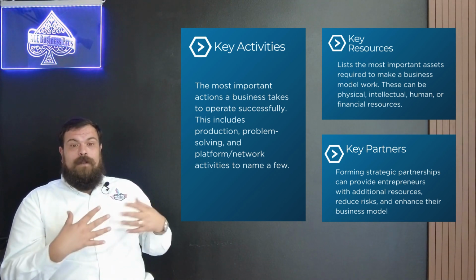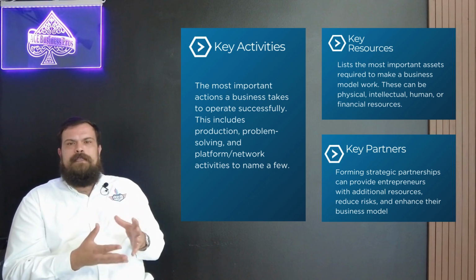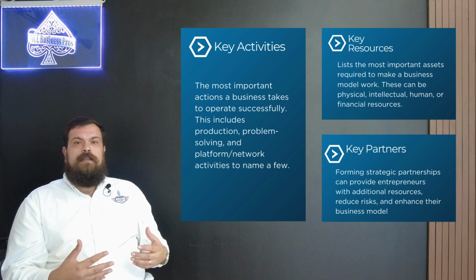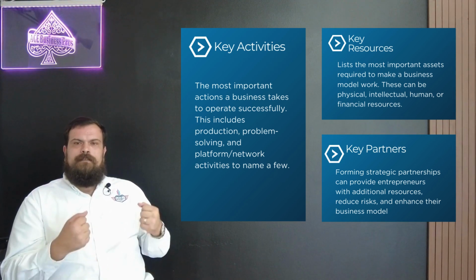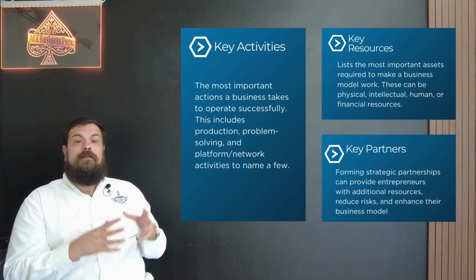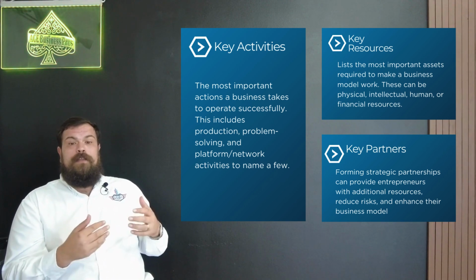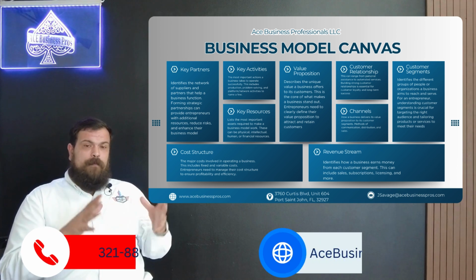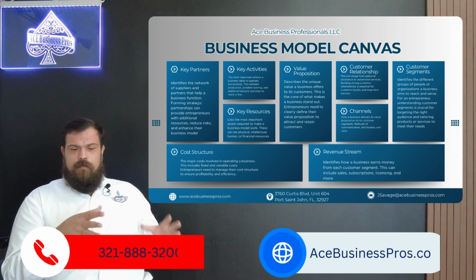Once I've figured out what I've got, I understand I'm going to be lacking in a few components, so I need to figure out who else I need to bring in to really make this successful. So I'm going to go and identify my key partners, or who it is that I'm trying to work with to be successful.